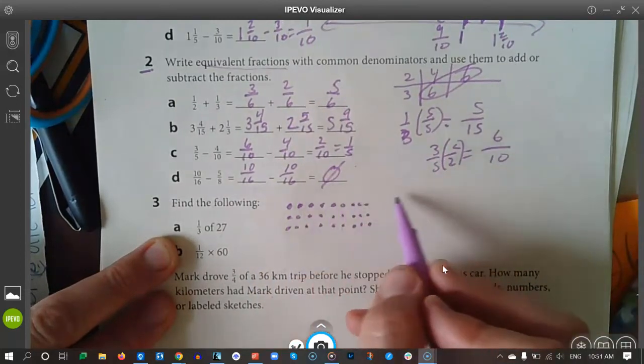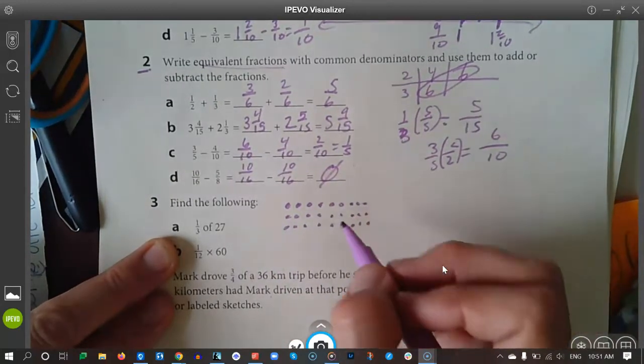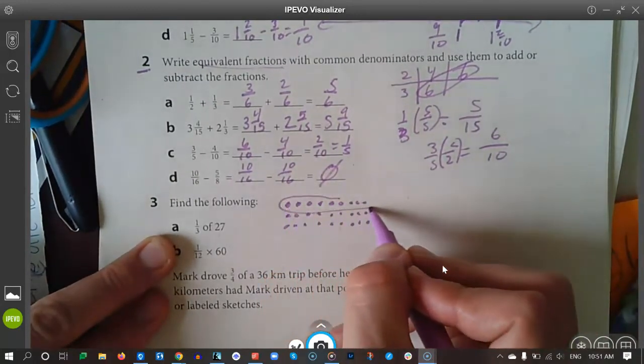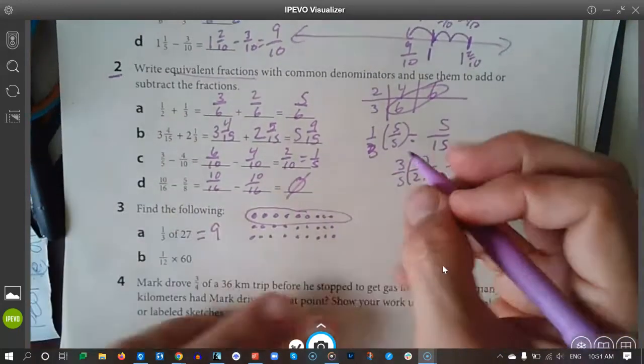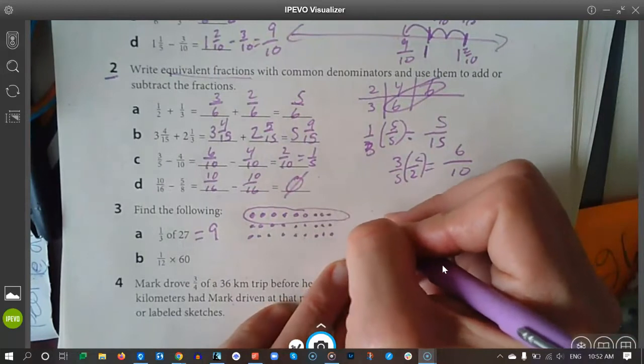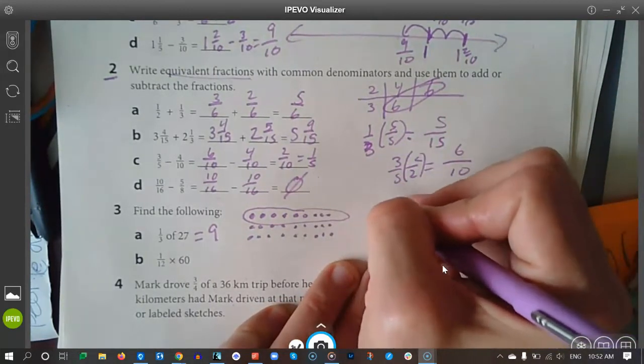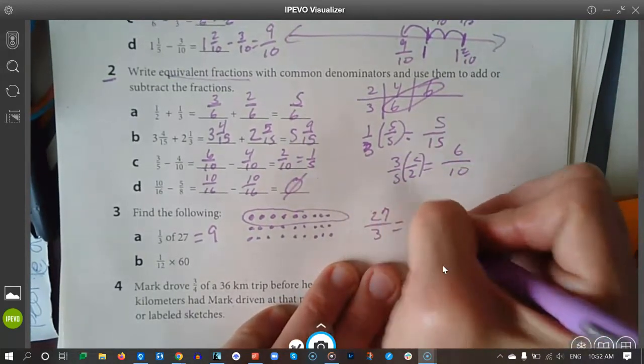So I have 3 groups of 9. That equals 27. So 1/3 of those is 9. You could also think of it as 1/3 times 27, which is 27 divided by 3, which is 9.